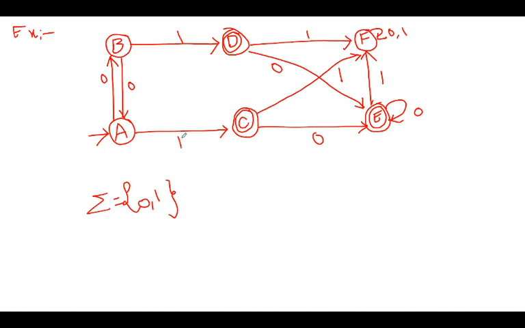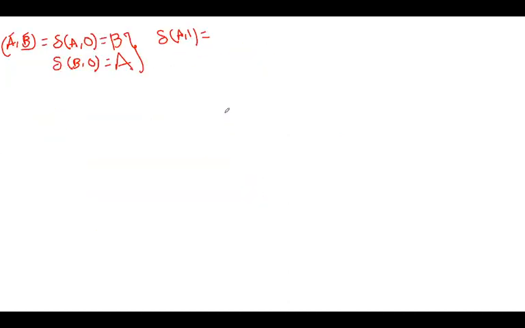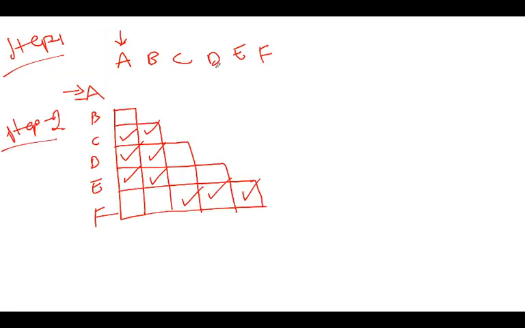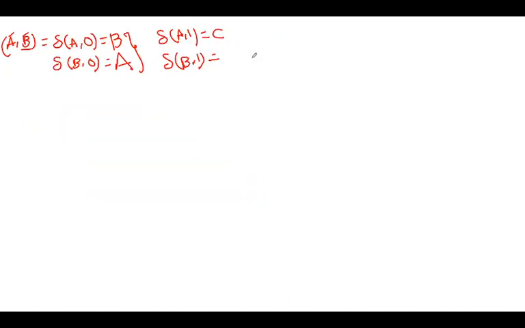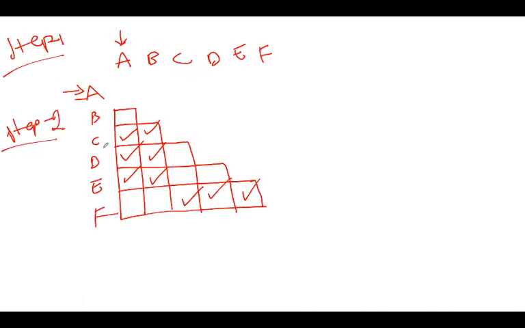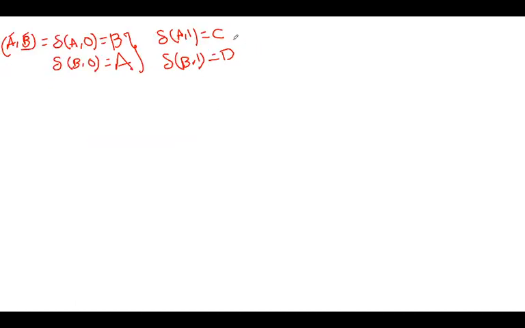A on taking input 1 goes to C, so we write C. Then transition of B comma 1, the next state of this pair on input 1 goes to D, so we write D here. Now observe CD. There is no mark, it is unmarked, so just skip it. Okay, AB has been completed.